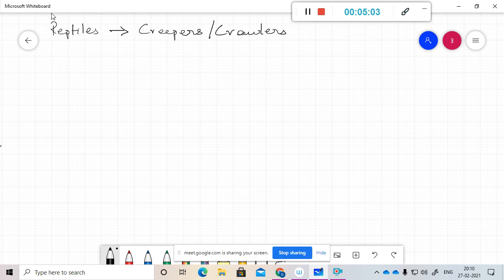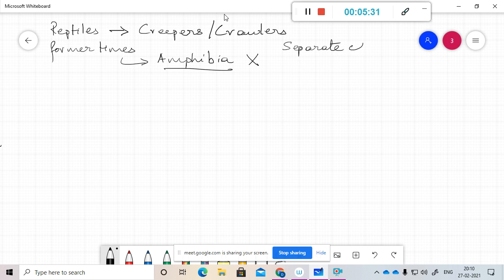In former times, they were placed under amphibia itself. But it was later not placed under amphibia, and they were placed under a separate class, Reptilia.